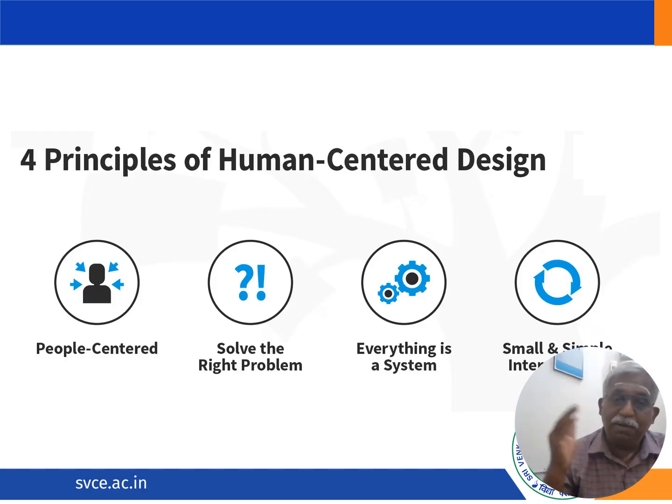Now coming to the steps: we have empathize, then define, ideate, then a fourth important step, prototyping, and finally testing. With the five steps and four principles, when you enter a human-centric problem, you will definitely have the right sense. Now, we will see how to enter human-centric design thinking.